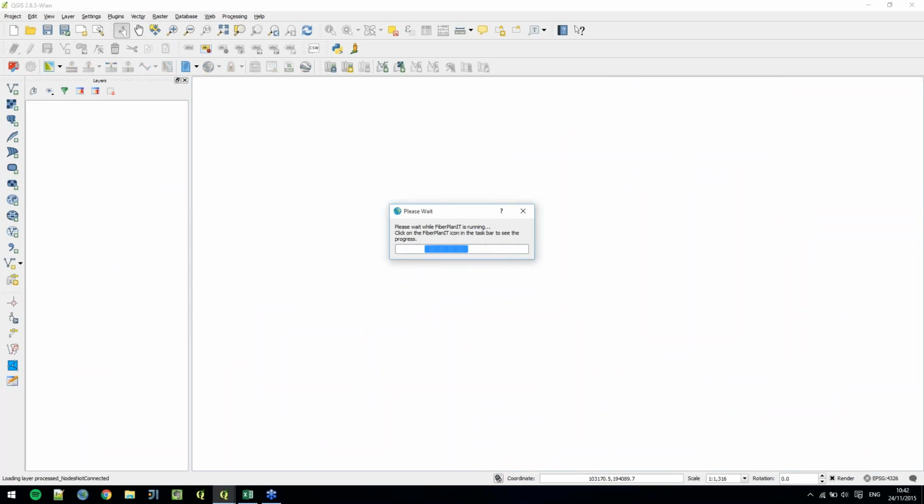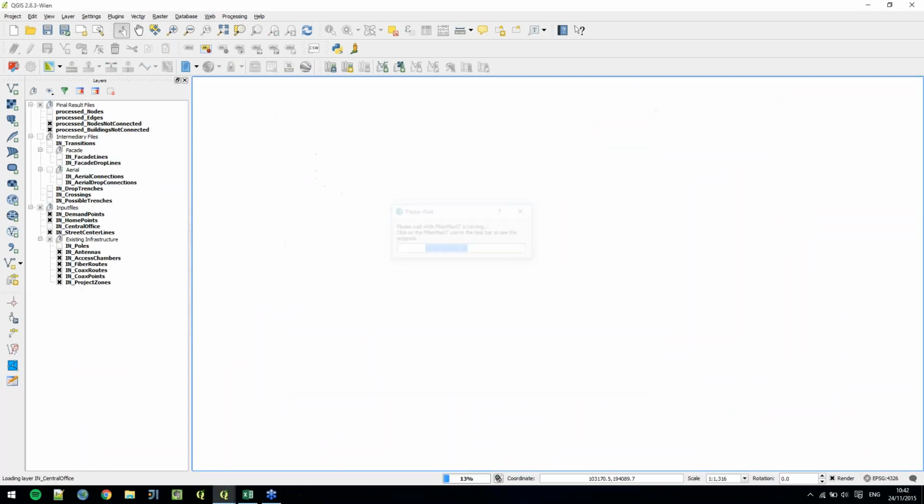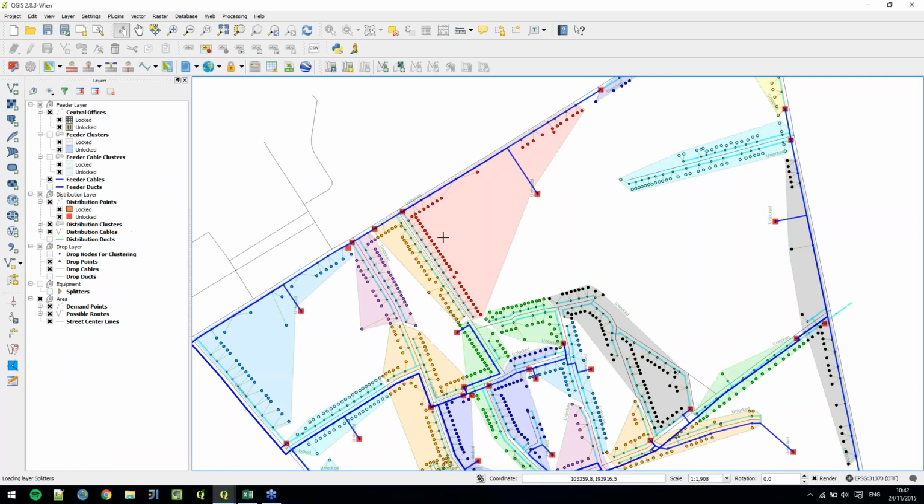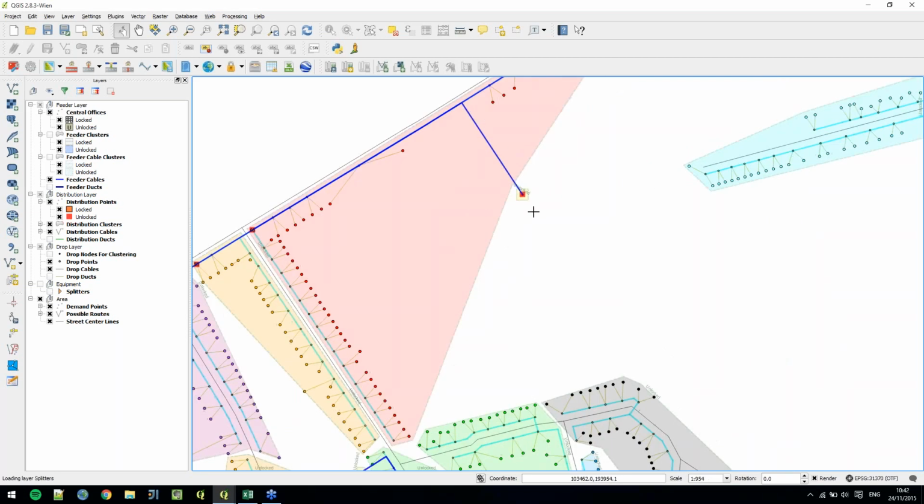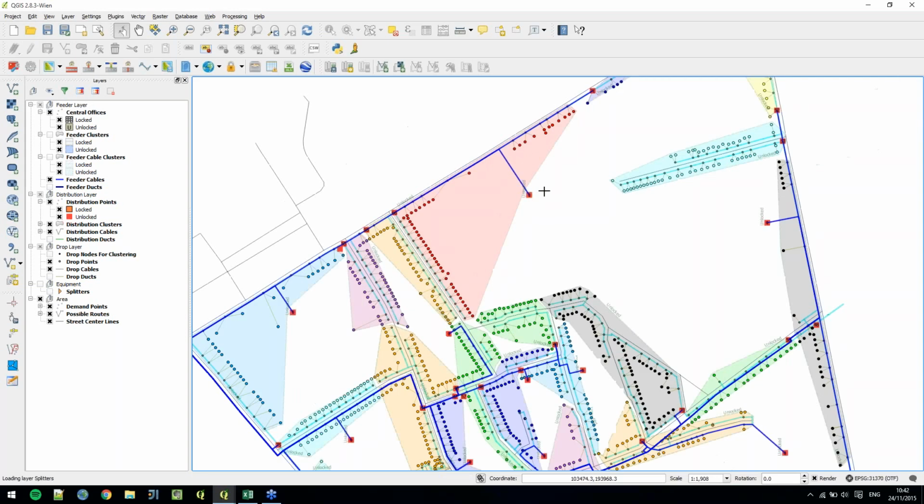So let's have a look at the output data. Okay. Looking at the output data, this is now for placing a new node for 64 homes and having a point-to-point connection to our antenna locations.